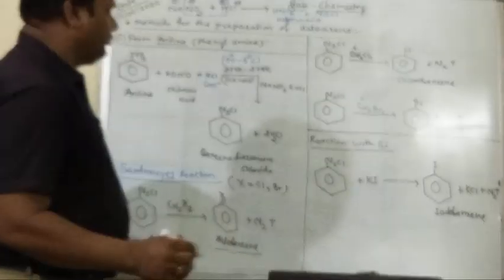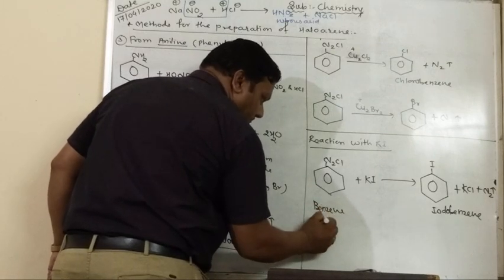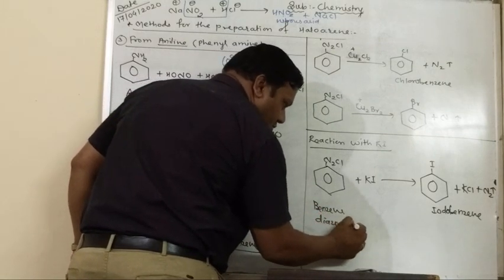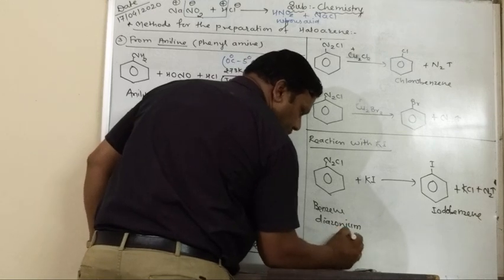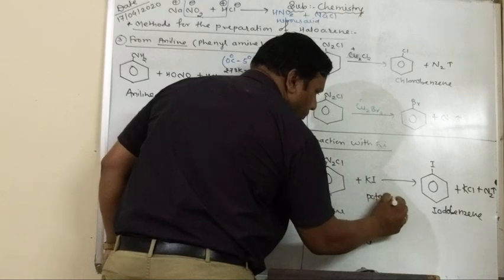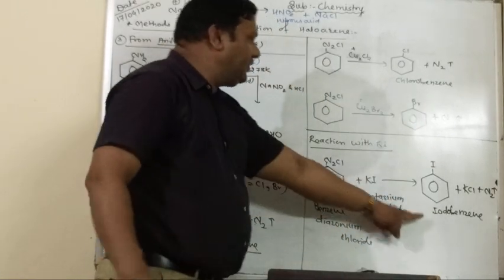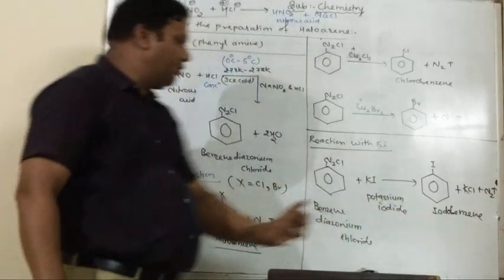Iodobenzene. So benzene diazonium chloride reacts with KI, KI means potassium iodide, to get iodobenzene, potassium chloride and N2.